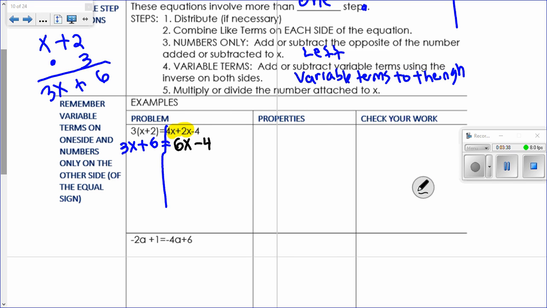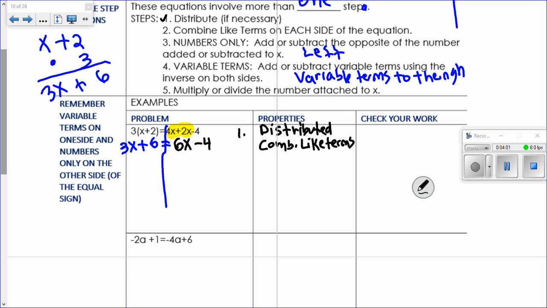Now, I have distributed. I'm going to write what I did down. I distributed and combined like terms. Okay? So that's what I did for my first step.